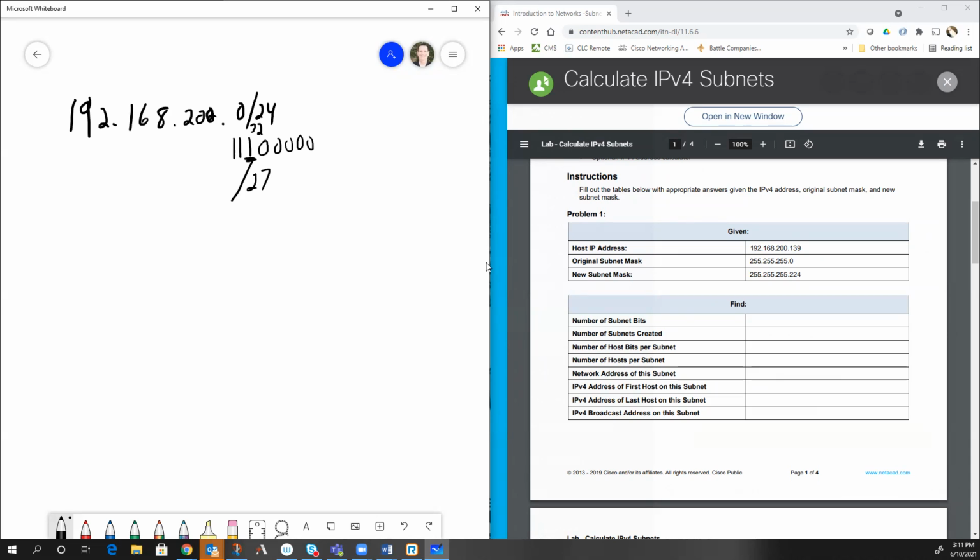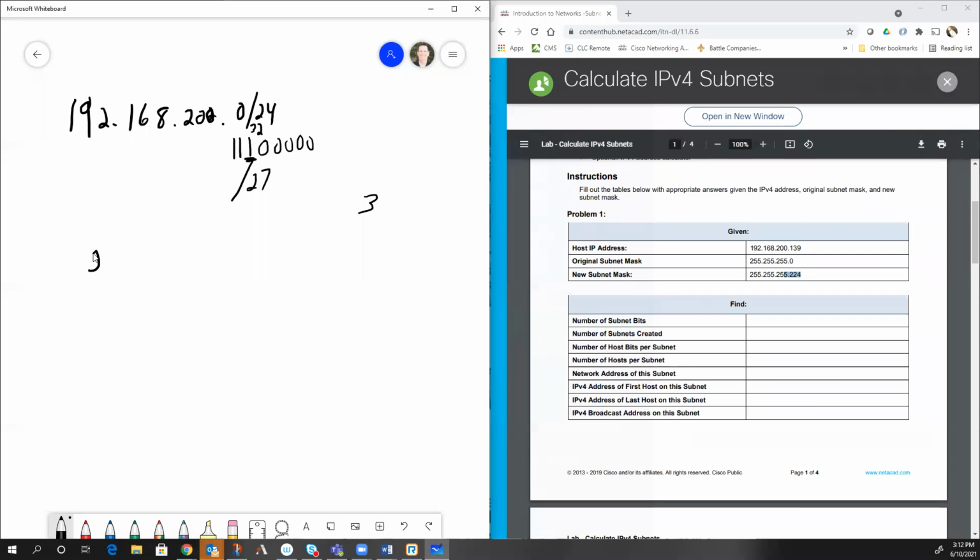Otherwise, it's gonna be real boring me talking to myself. We had 24 network bits here. If we go to this new mask, how many did we borrow? The answer is 3. We borrowed 3 bits. That's how we get this 224, 11100000. Okay. Number of subnets created.